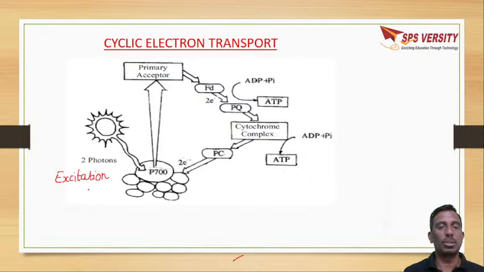That means electrons come out of the chlorophyll A molecule, which is called excitation.